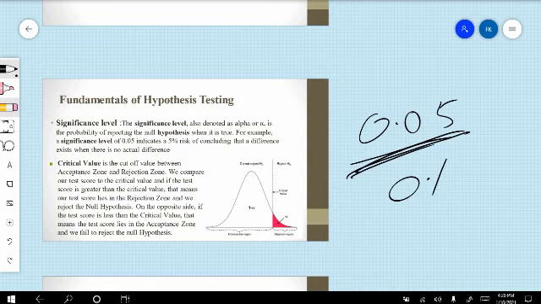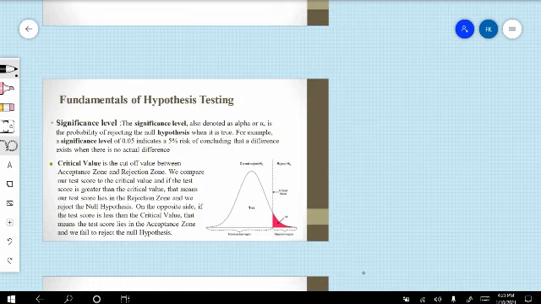Also we have 1%, or 0.01, but the commonest one is 5%. The other thing is the critical value. What do we mean by critical value? Critical value is the cut-off value between the acceptance zone and rejection zone.